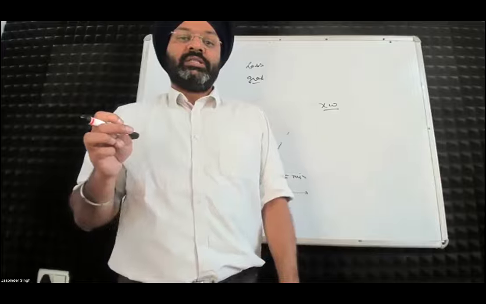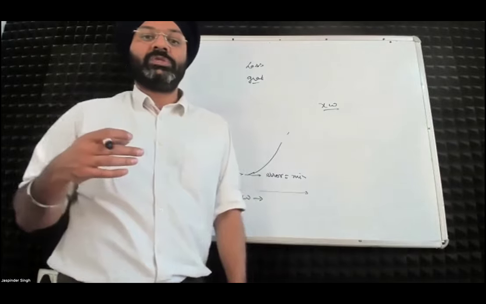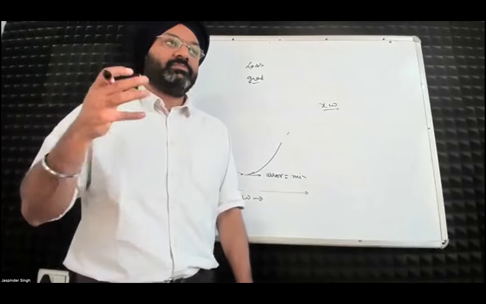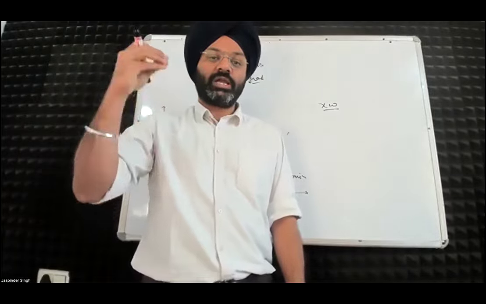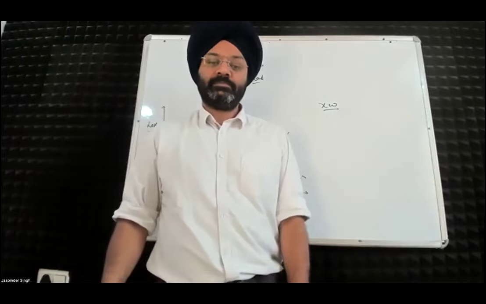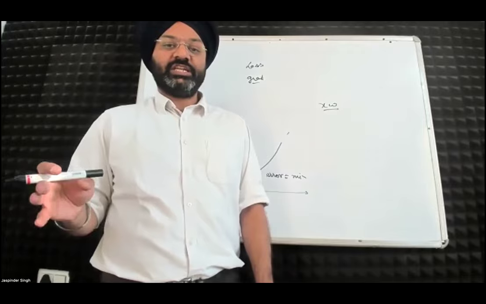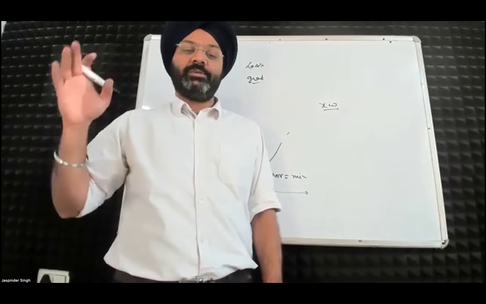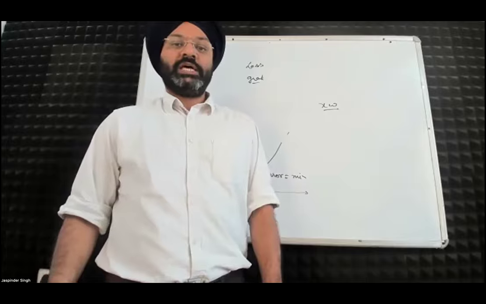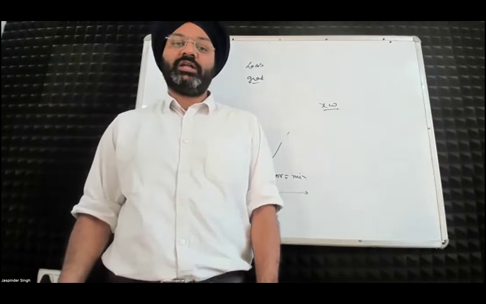See, those things will keep coming back. We'll keep revising it till the time it gets ingrained in your mind. Those things are called logits. The basic assumption of the logistic regression is that the logits are going to follow the linear model. That is, log odds of success is going to follow the linear model.